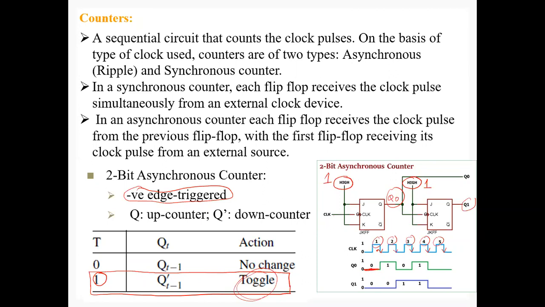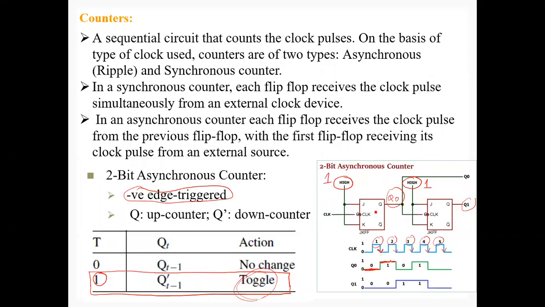Then when it gets the negative trigger here, what happens? Remember, this works in toggle mode, meaning if it were low, now it becomes high until the next trigger. That's the meaning of toggle. See, this low becomes high.